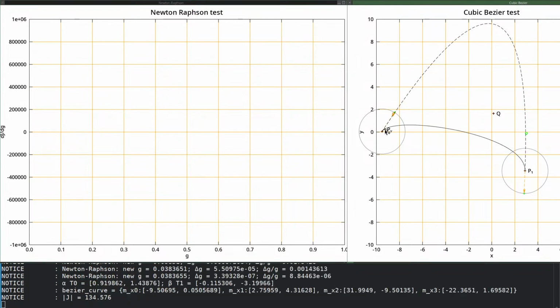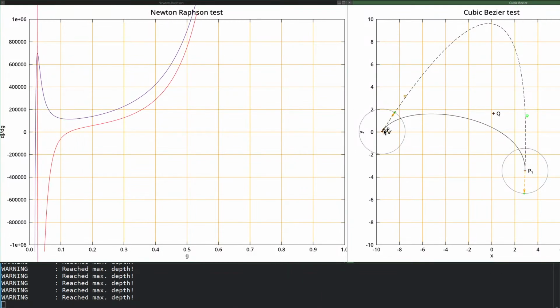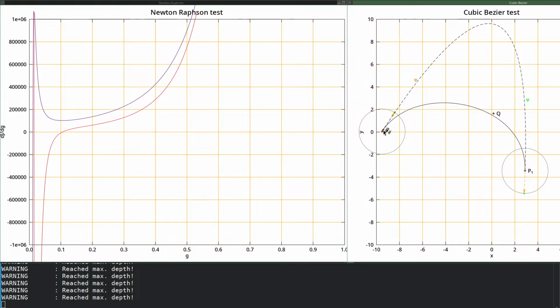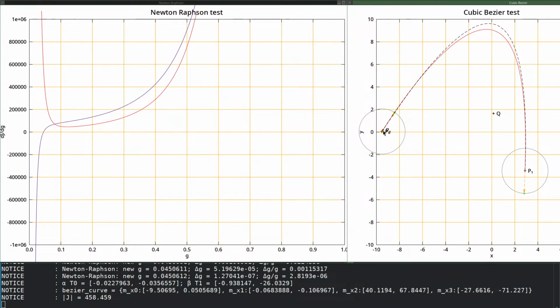Now you could argue that if you are this close, then you have something that is numerically unstable. It starts to be. No, if you look at this graph, it's not even that bad.